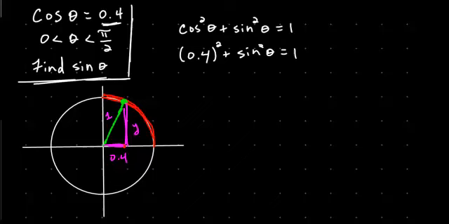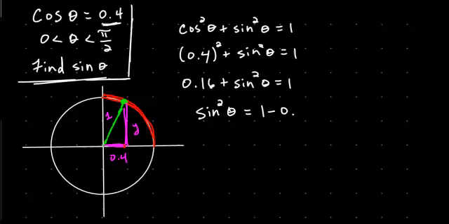Move my decimal 2 places, so 0.16 plus sine squared theta equals 1. Subtract 0.16 from both sides to get sine squared theta equals 1 minus 0.16. What's that going to be? 0.84. 6 and 4 is 10. Carry the 1, 8, 9, 10.